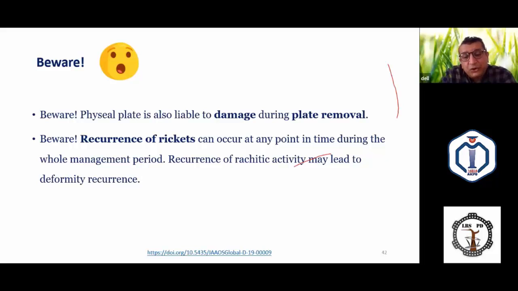So it's very important to keep an eye on recurrence of activity, because if rickets activity recurs, the deformity may recur and actually compromise what you have been doing.